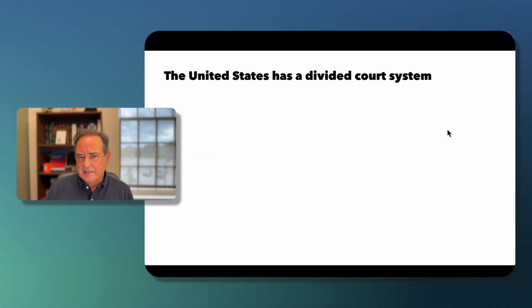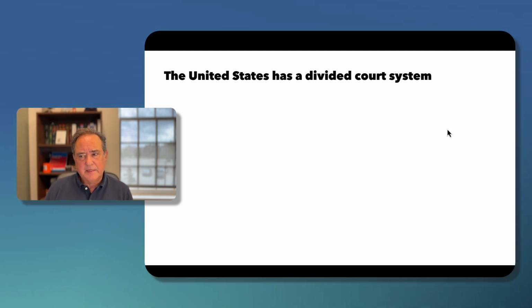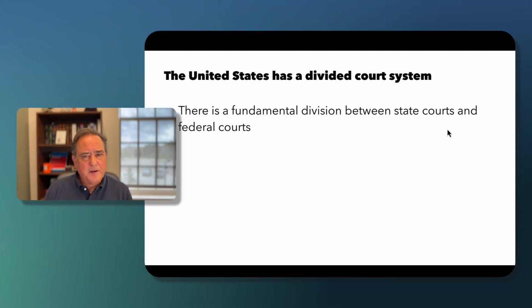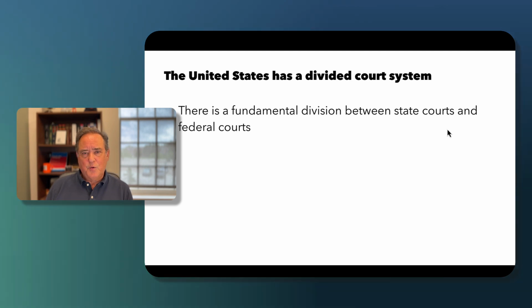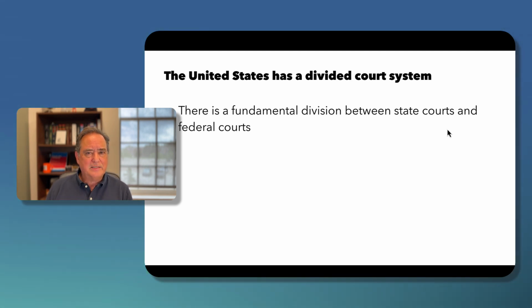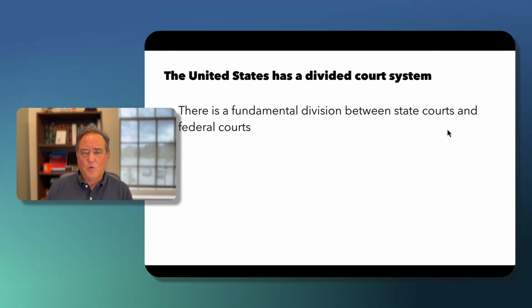Now, the United States has a divided court system. There is a fundamental division between state courts and federal courts. So when we talk about the American judicial system, we can't really say that it's one system of courts or two systems of courts.